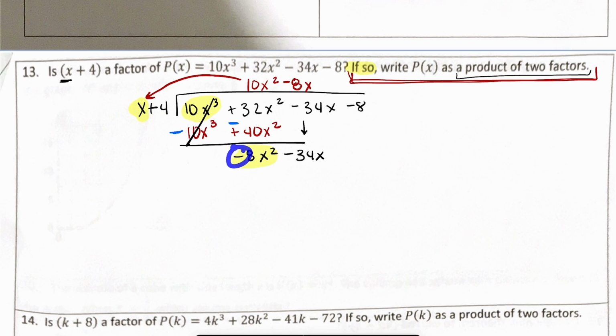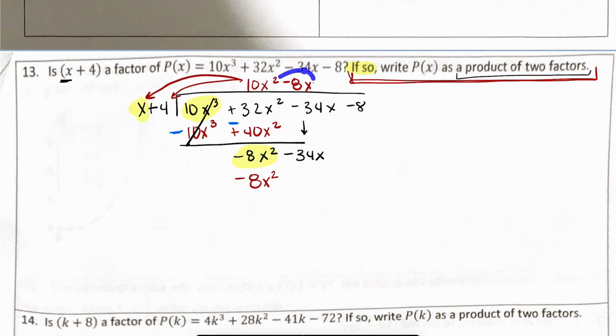So make sure you keep the sign of whatever this first term is here. As a student, I kept getting confused, but I remembered you have to keep the sign of this first term here. So negative 8x times x, that's negative 8x squared. Negative 8x times positive 4.